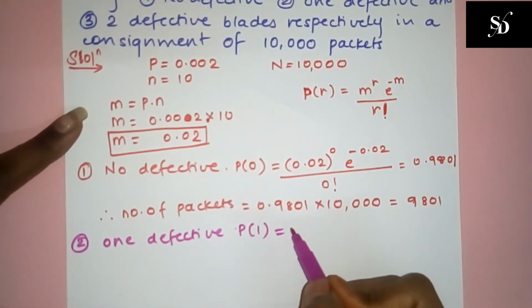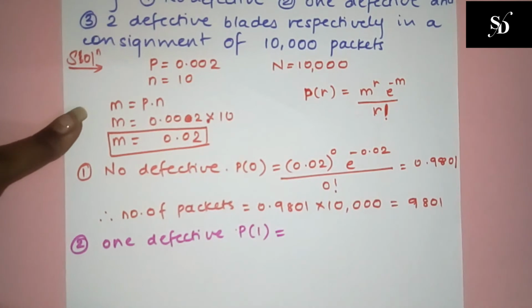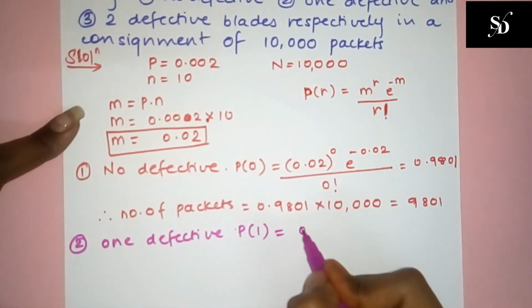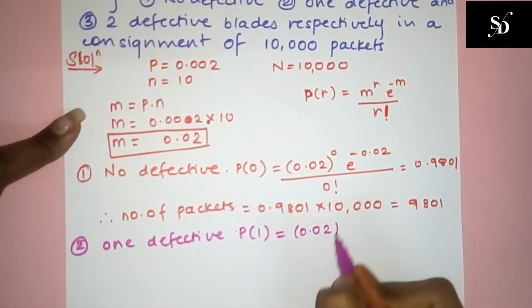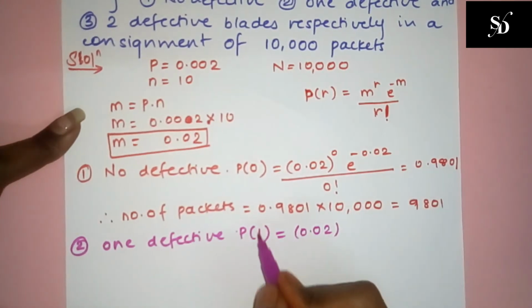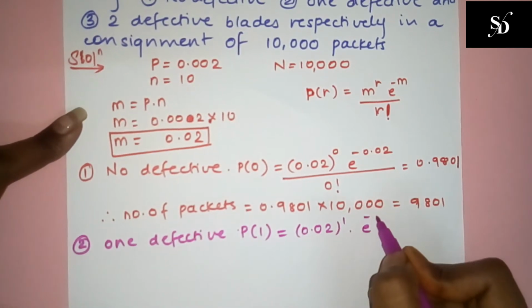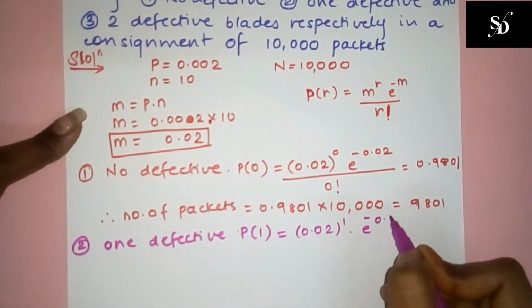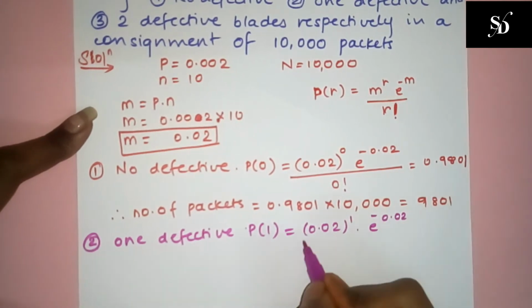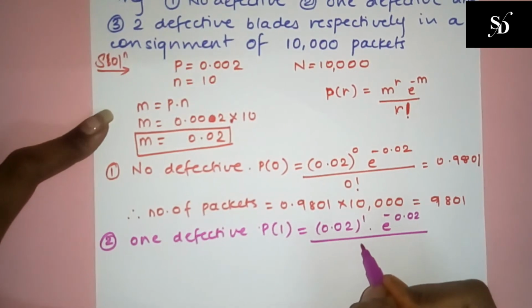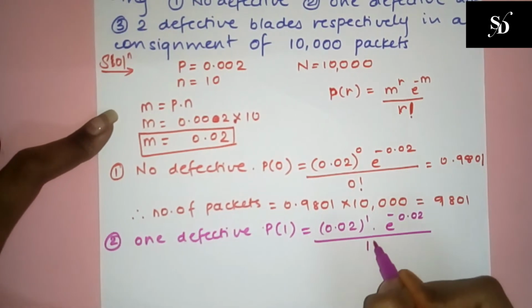It is again the same formula: m, that is 0.02, raised to R, which is 1 over here, into e raised to minus m, which is 0.02, upon 1 factorial, because the R over here is 1, R factorial.